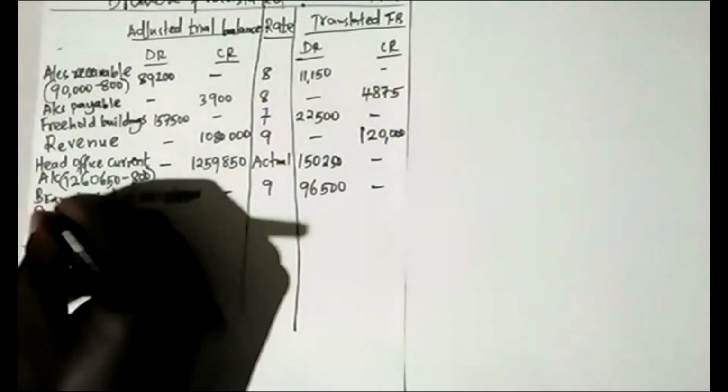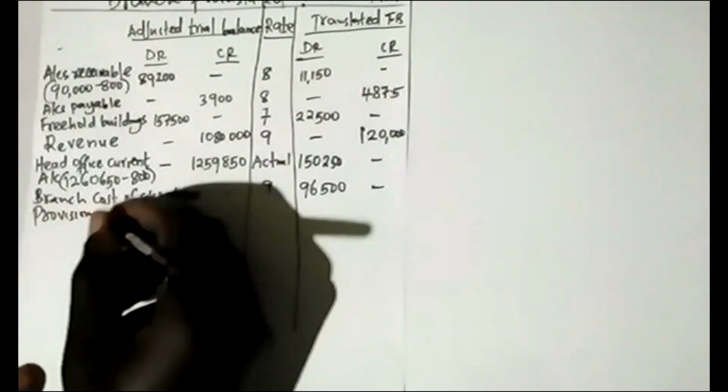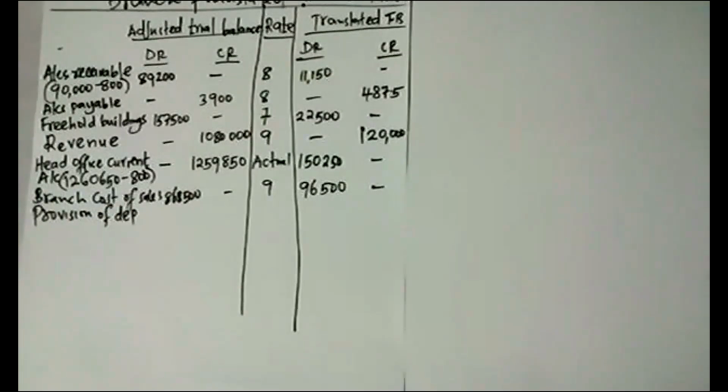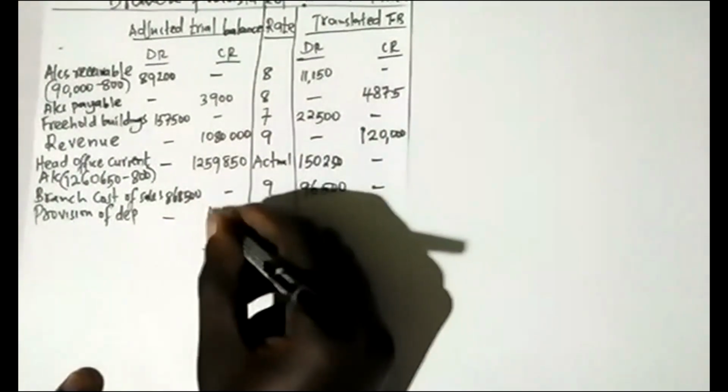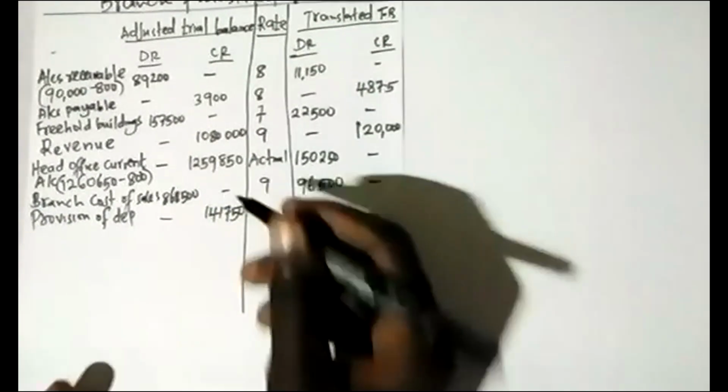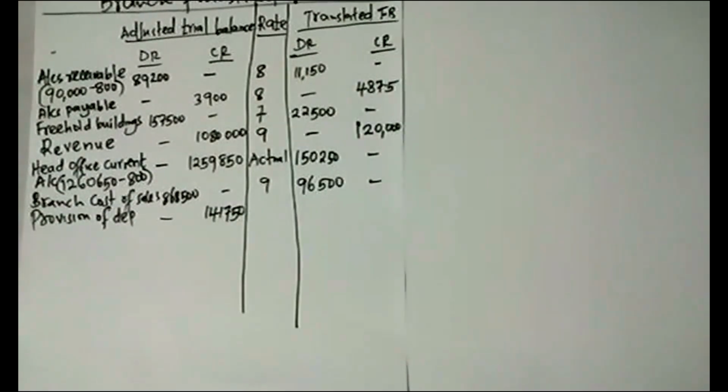Another thing we have to move to is the provision for depreciation, which is also given. According to my paper here, the provision for depreciation was 141,750.